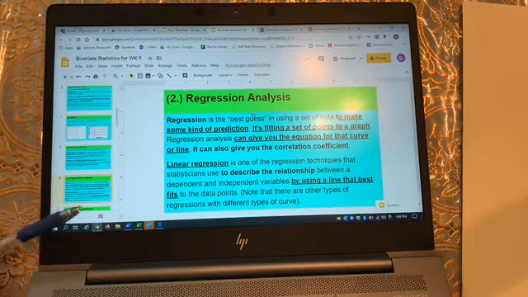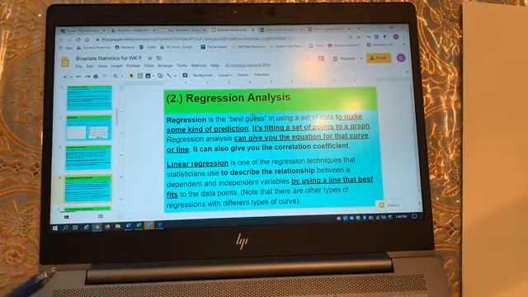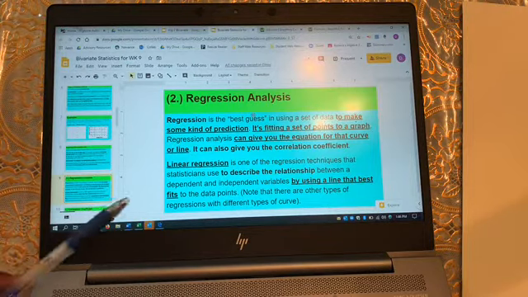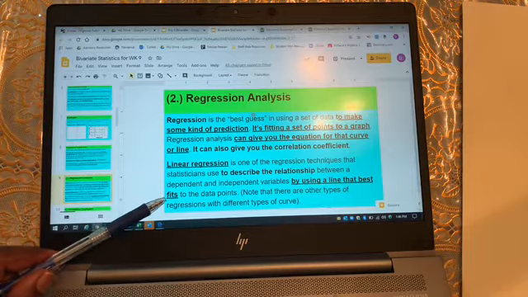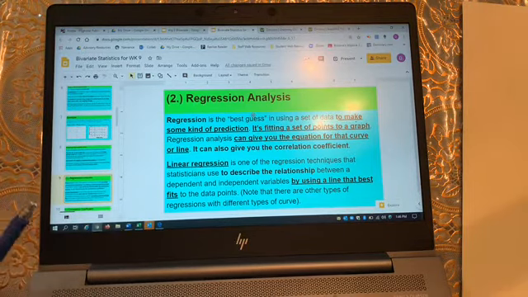Especially linear regression is one of the regression techniques that statisticians use to describe the relationship between a dependent and independent variable by using a line that best fits. Linear regression uses a line that best fits those data points.